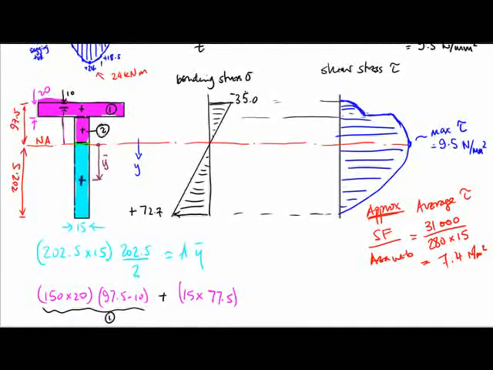That's the area of this block, and the distance from the neutral axis to this centroid must be 77.5 over 2, and this bit then is the Ay-bar of area 2.